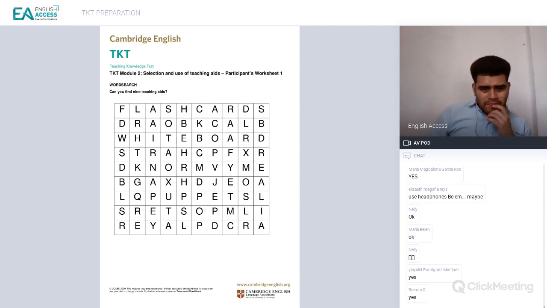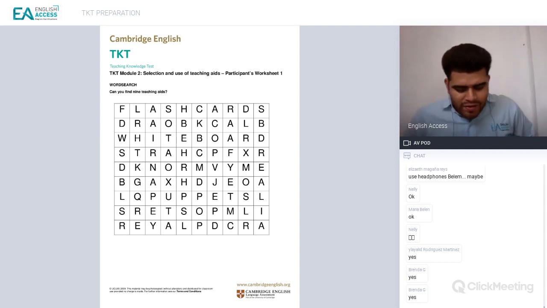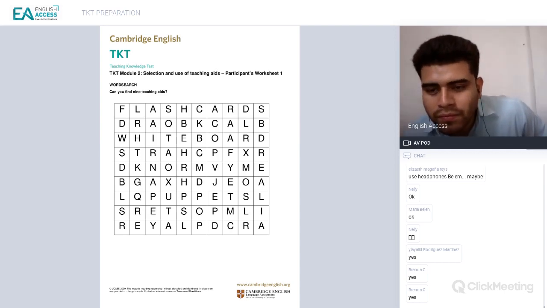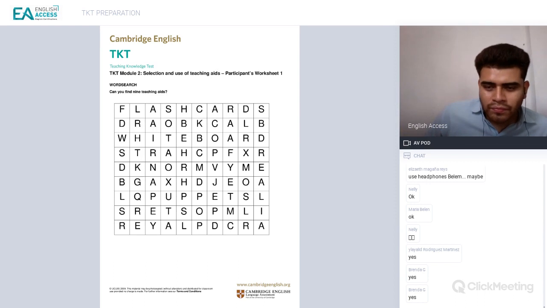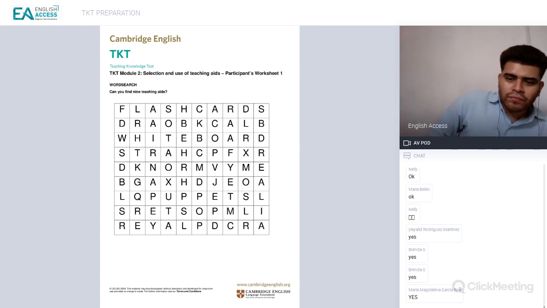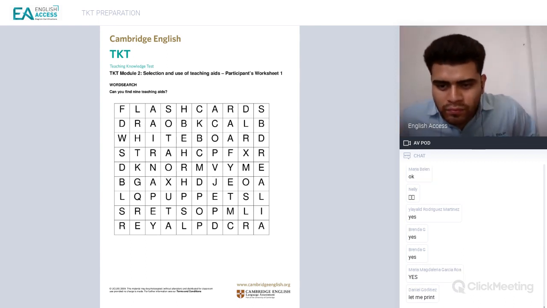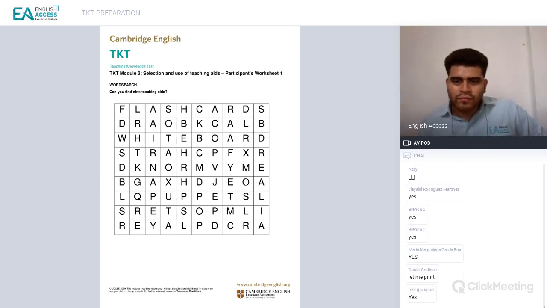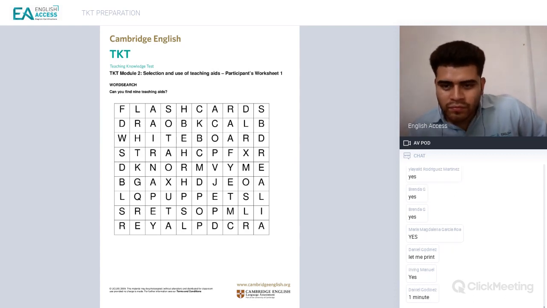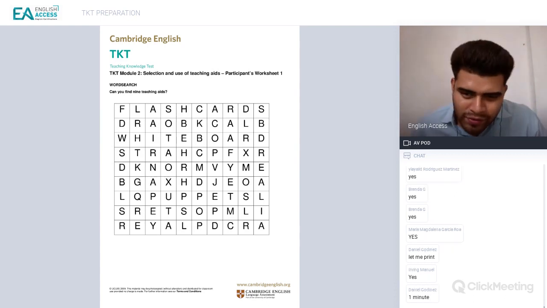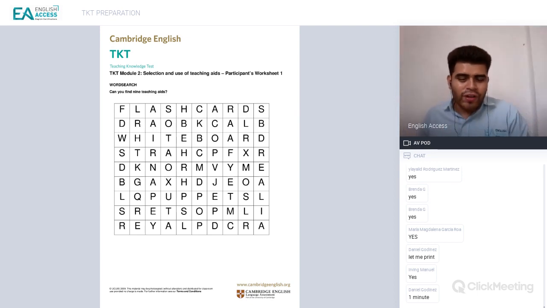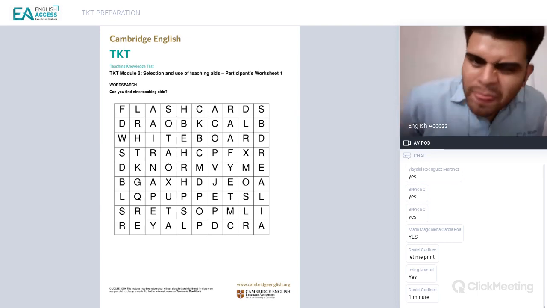Everybody has this? Module 2, selection and use of teaching aids. Yes? Double yes? All right, Daniel. We're gonna start, but this one is easy.